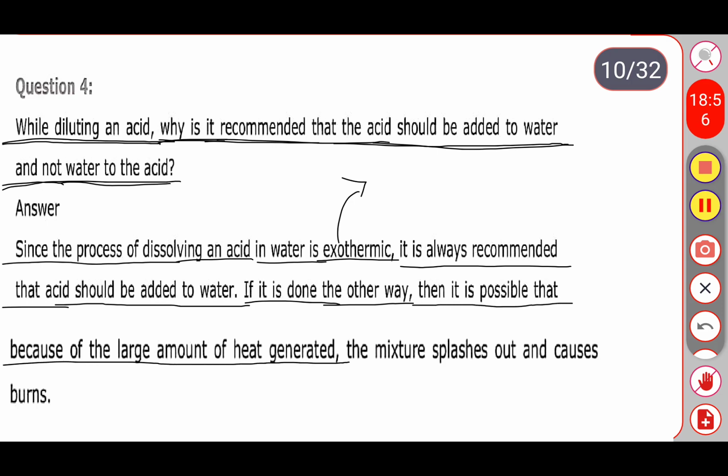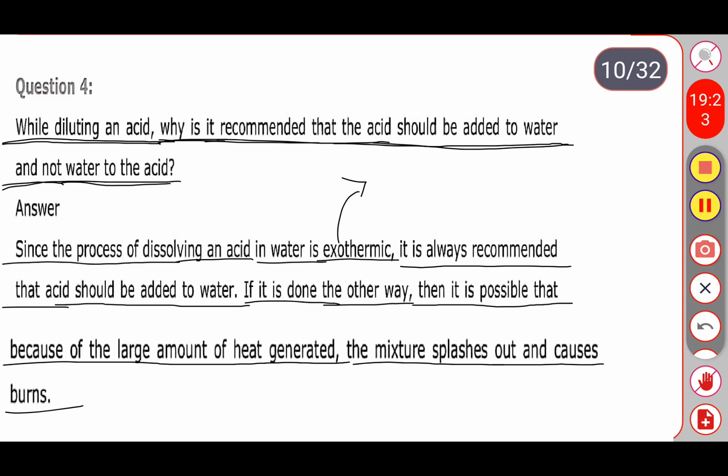So that's why we must add acid to water, so it doesn't generate a large amount of heat. Okay, so see the next question.